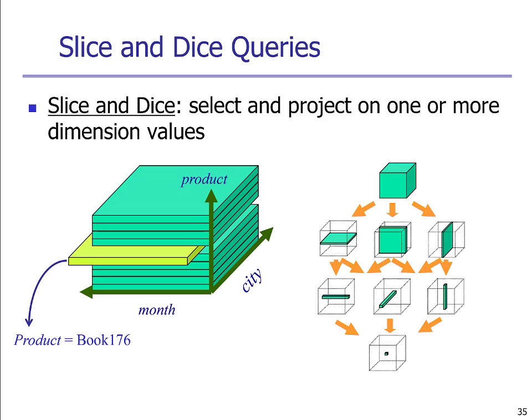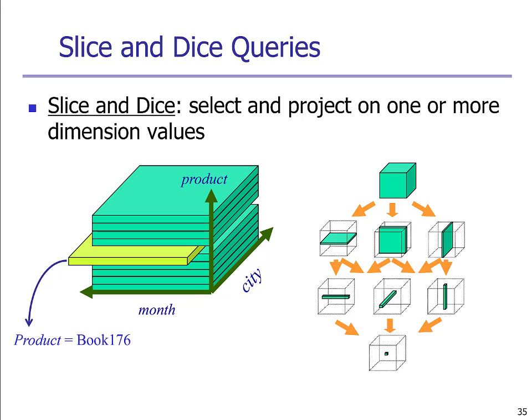And slice and dice. Slice and dice is the operation that selects and projects on one or more dimension values. For example, currently we have 3 dimensions: product, month, and city.